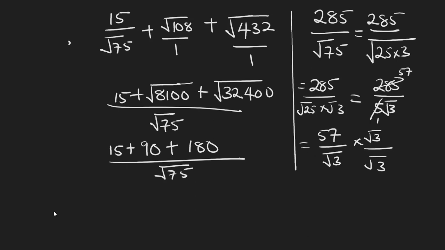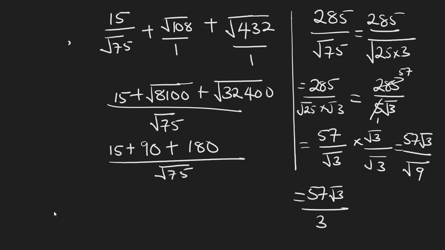So 57 times root 3, of course, we're going to have 57 root 3 over root 3 times root 3, which is going to give us root 9, right? So in this case, we're going to have 57 root 3 over, what is the square root of 9? It is 3.